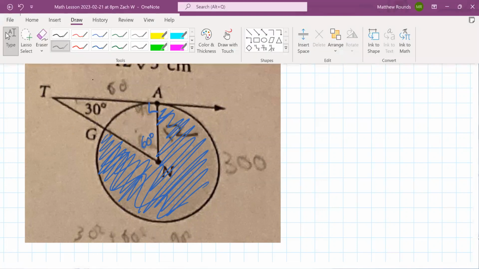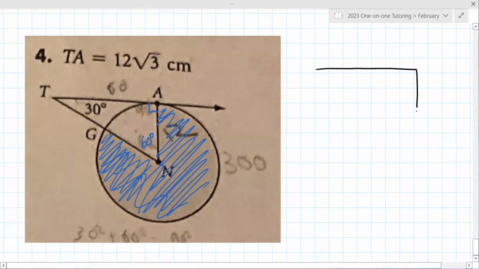The radius would be A to N. That's right. And we know that T to A is 12 square root 3. This is the long leg of the 30, 60, 90 triangle.